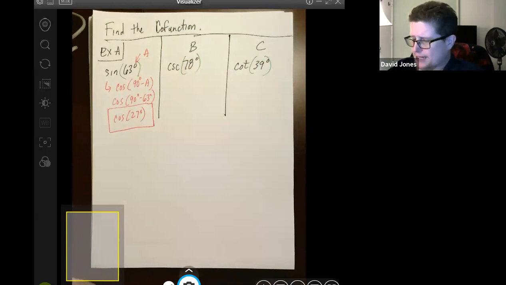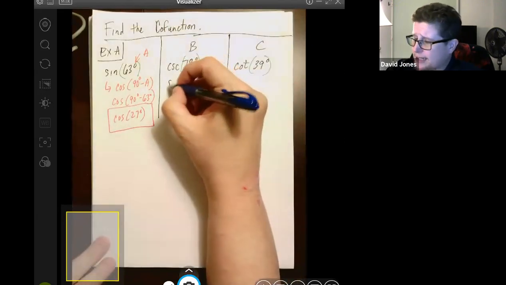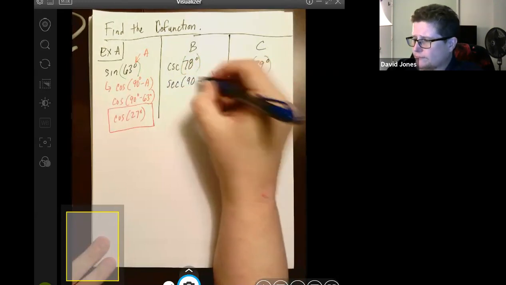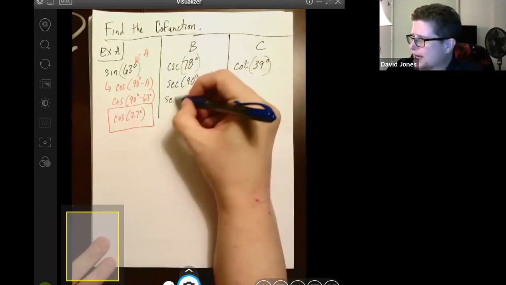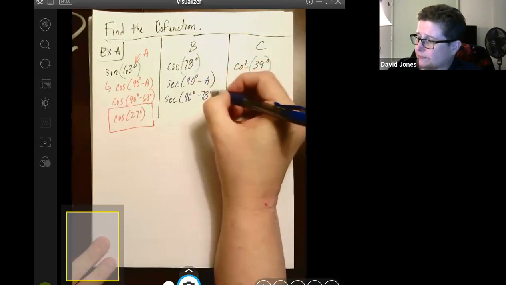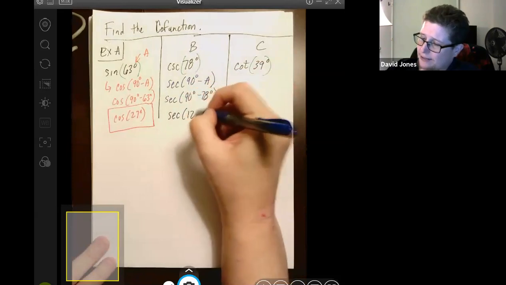I will assume you did. Cosecant goes with secant of 90 minus A. So we have 90 degrees minus 78 degrees, which is secant of 12 degrees.